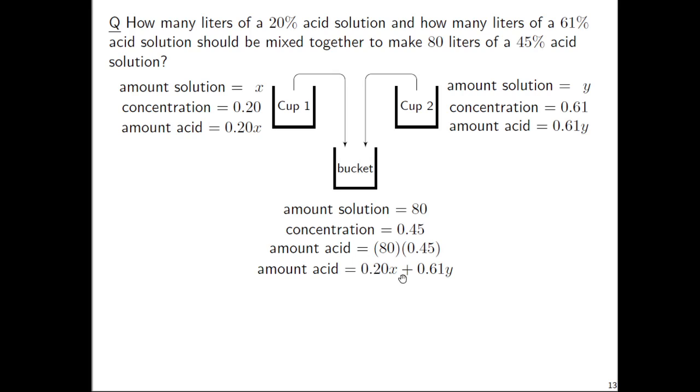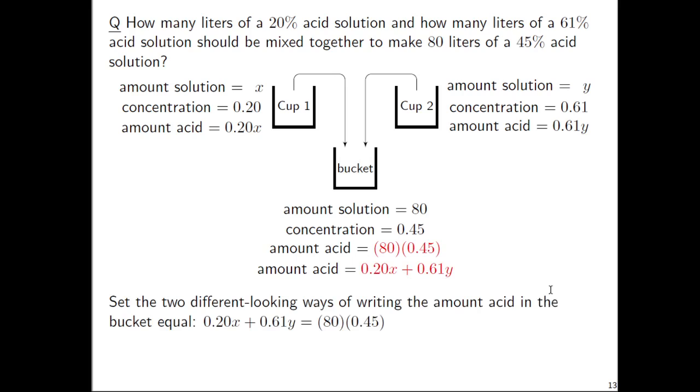So 0.20x plus 0.61y. Okay, here's the thing. We have the amount of acid for the bucket written in 2 different looking ways. There's a product, 80 times 0.45, and then there's a sum, 0.20x plus 0.61y. You're always going to have this happen. One time you get the bucket's amount of acid as a product because it's applying the formula amount of solution times concentration.